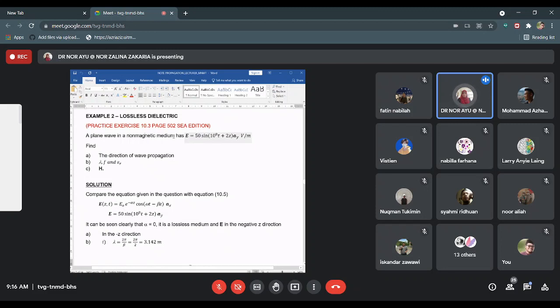So remember that. If it is a non-magnetic medium, it will be lossless dielectric and has the equations for E, which is this one, E equals to 50 sine 10 power of 8t plus 2z ay. So you can see that dia tak ada epsilon. Alright, so bila tak ada epsilon, of course dia adalah lossless medium.